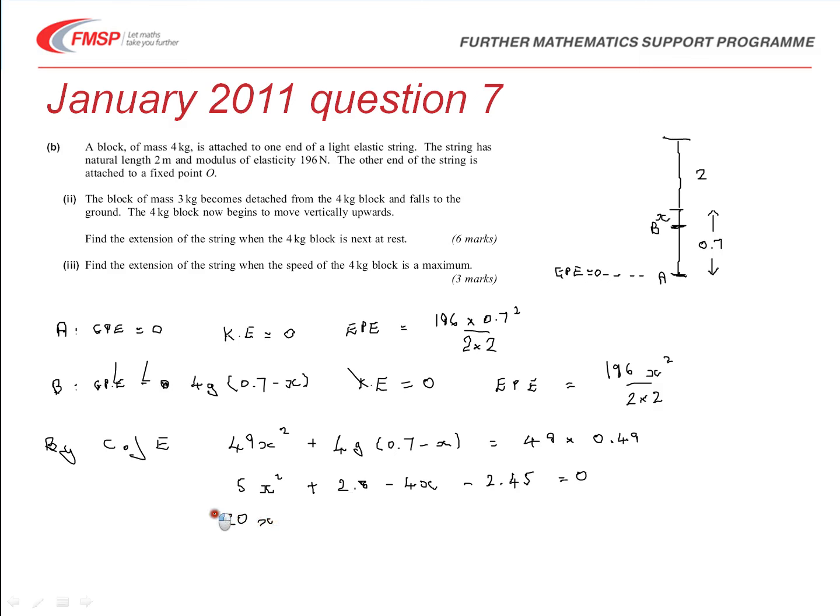No, sorry, 100, 5 times 20, 100x squared minus 80x plus 7 equals 0.